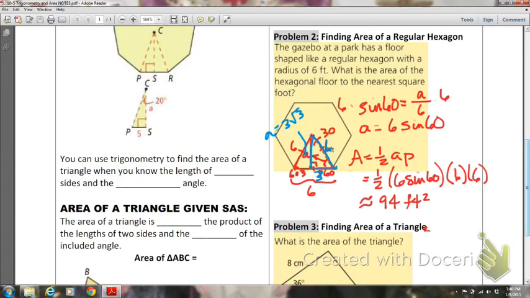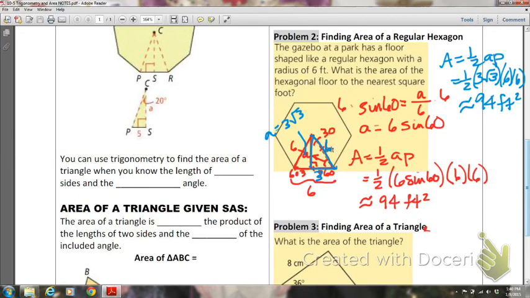So the other way you could have worked this would have been your area 1/2 apothem times perimeter, 1/2 your apothem is 3 times the square root of 3, and then your perimeter is still 6 times 6. But if you put that in your calculator, you're still going to get approximately 94 feet squared. So you have several choices of how to do this problem, but using the sine method is what they wanted to do, so that's what we did there in red.